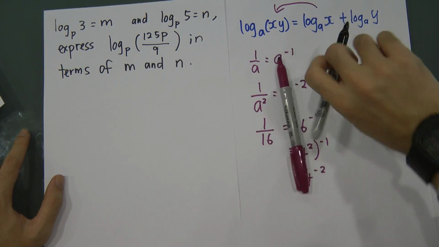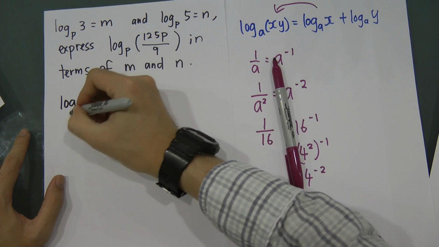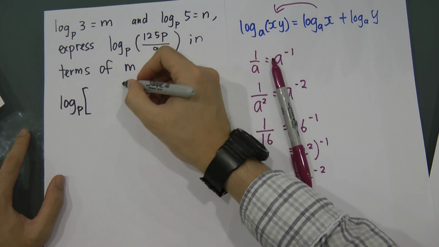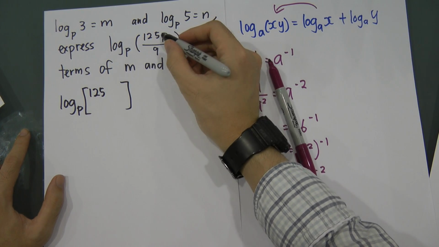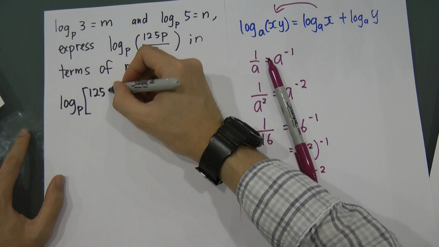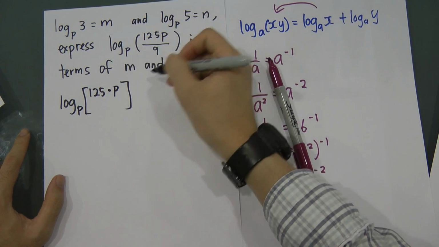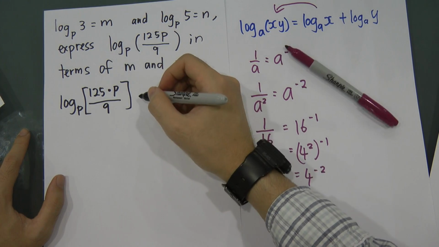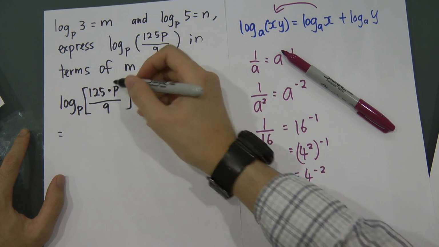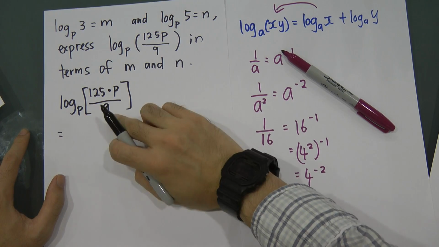So I write down the question first. Log P bracket. Okay, this one I know is 125 multiple P, because 125P means 125 multiple P, isn't it? Divided by 9.